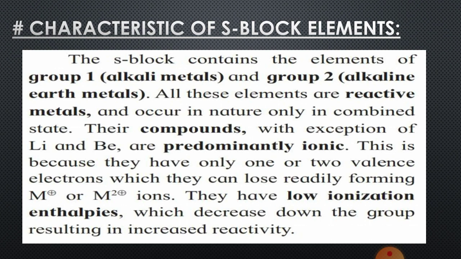These elements do not occur in the free state. They occur in the combined state, meaning they are mixed with some other elements. So which elements? Group 1 and group 2, which are s block elements.